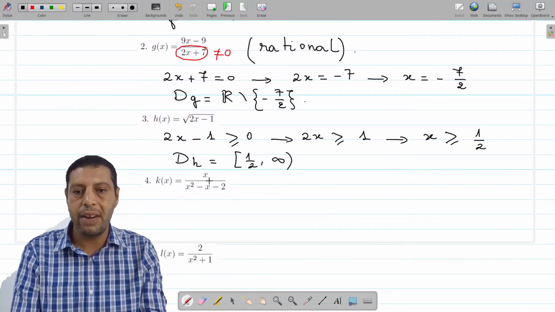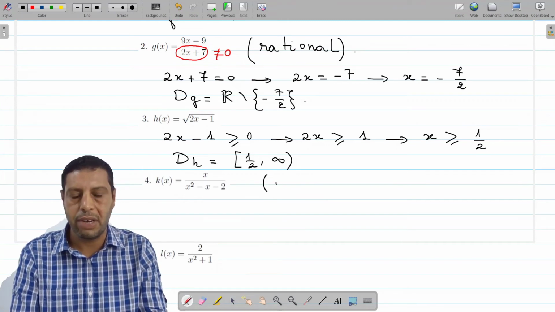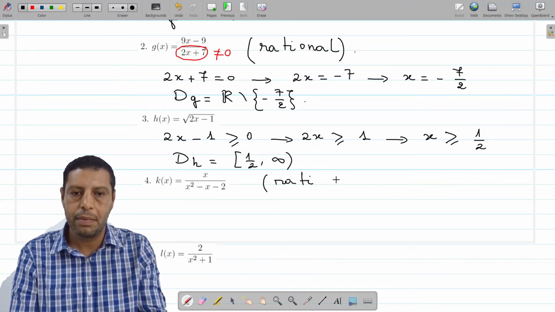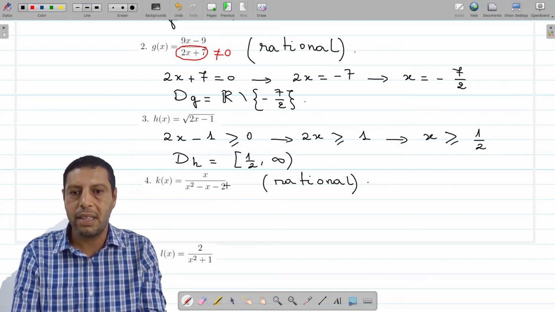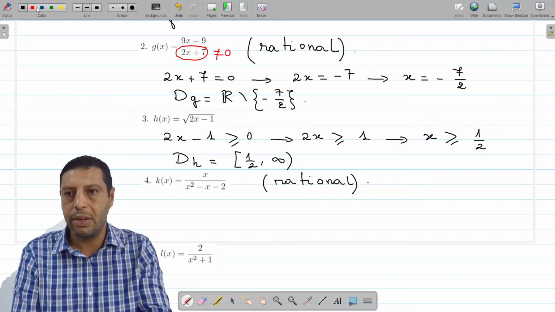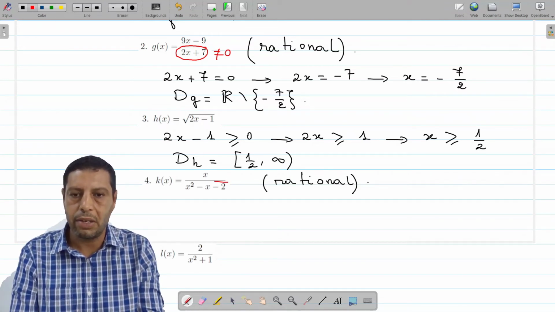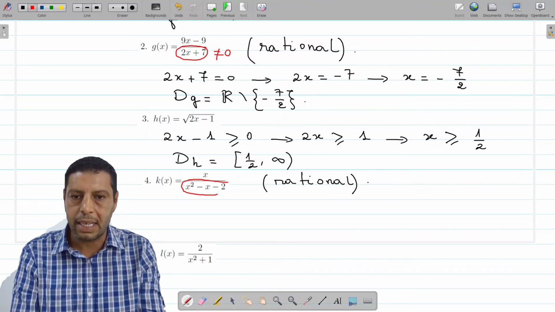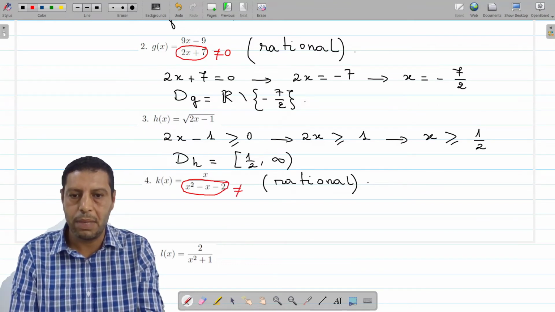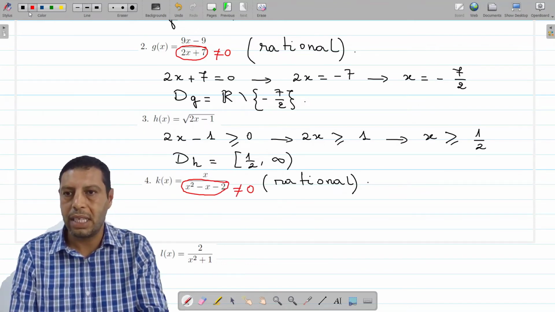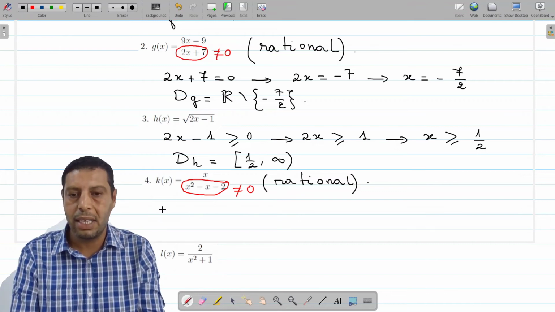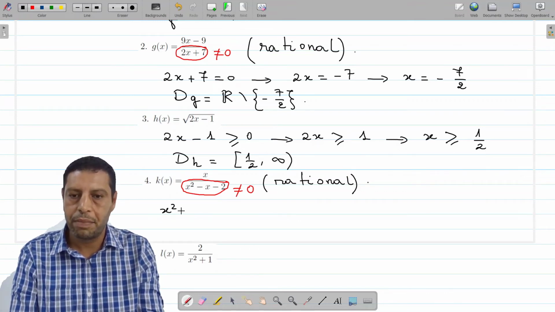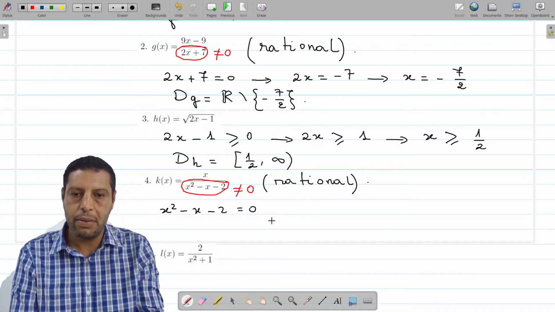Now let's move to number 4. In number 4, again, we have a rational function. When you have a rational function, you have to check that what's in the denominator is not equal to 0. So our denominator here is x squared minus x minus 2, which must be not equal to 0. So let's solve it equal to 0 and exclude the solutions. x squared minus x minus 2 equals 0.